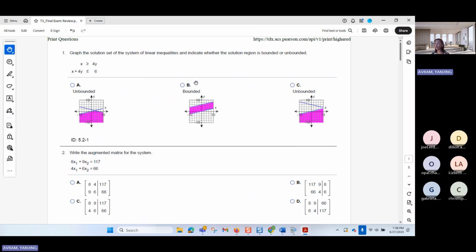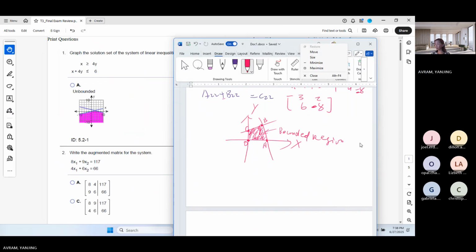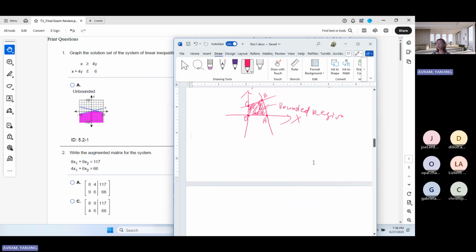First, you have to graph, right? Graph the solution set of the system and indicate that. In order to graph, you graph one by one. So you have x greater than or equal to 4y, right?